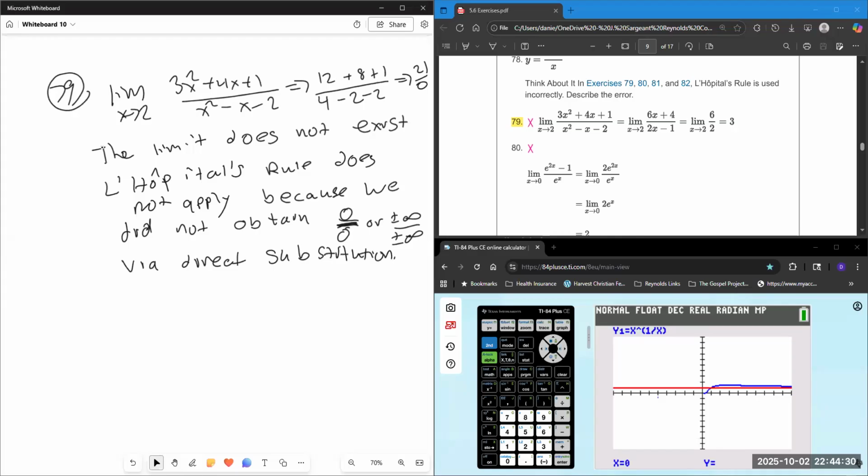So we could not use L'Hopital's rule here. So that's the problem, is that L'Hopital's rule was used and it couldn't be used.